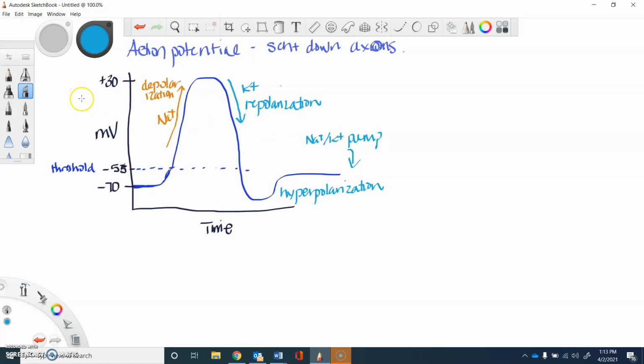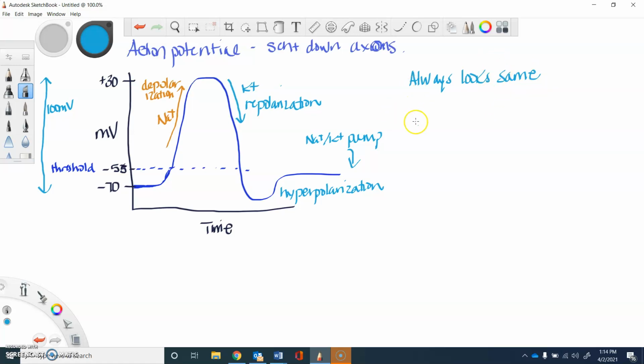Okay, it goes from -70 to +30, so about 100 millivolts. And it always looks like this. Always looks the same. They all look alike, okay?